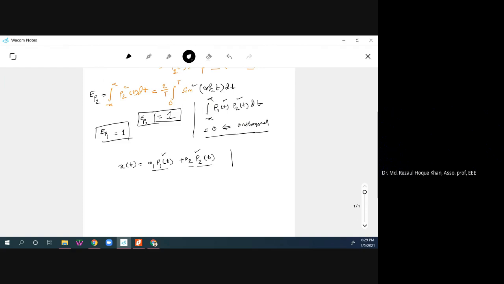So two symbols, A1 and A2, are modulated by P1 and P2.